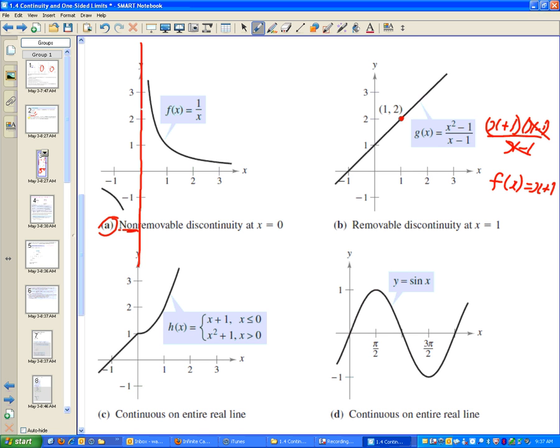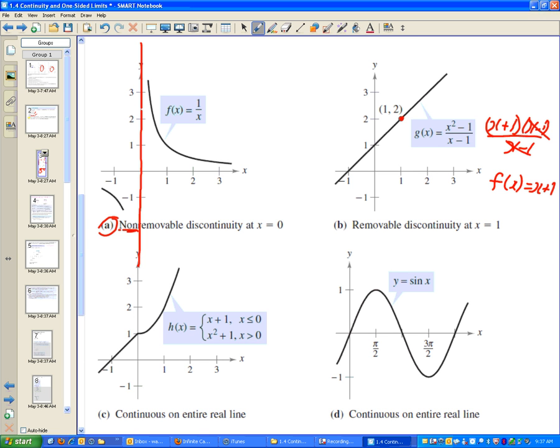Whenever you divide out the factor that's causing the denominator to equal 0, you are removing the discontinuity. Oh, that was important. I'm going to say it again. Whenever you divide out the factor that is causing the denominator to equal 0, you are removing the discontinuity.